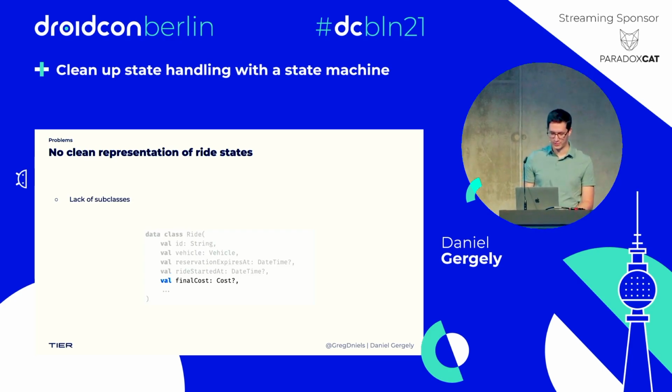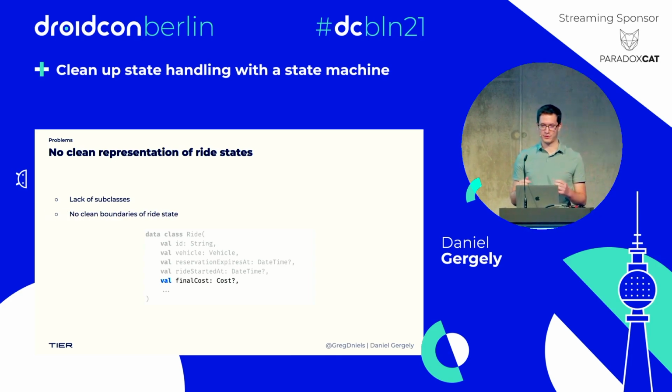And as we were looking especially at the field final cost, which is something that is only available once the ride has already ended, it became apparent to us that at that point, we have no clean boundaries of states. We have no clean scope defined for what ride state should mean.